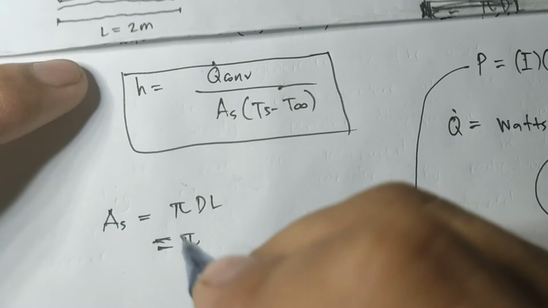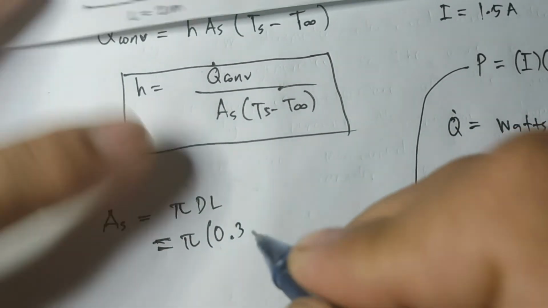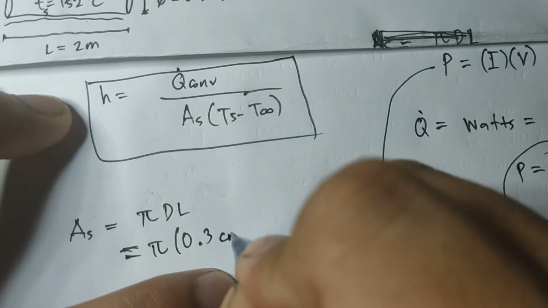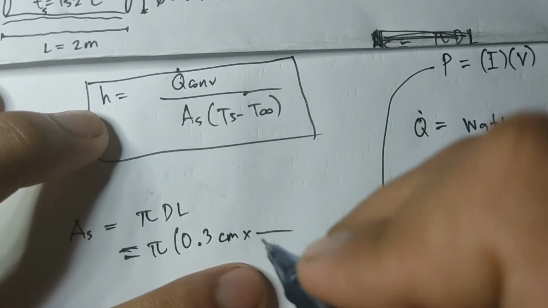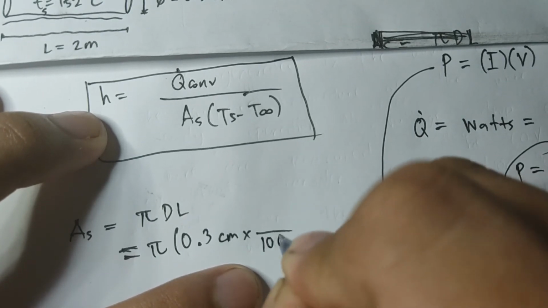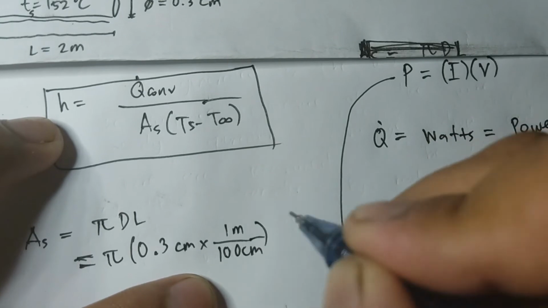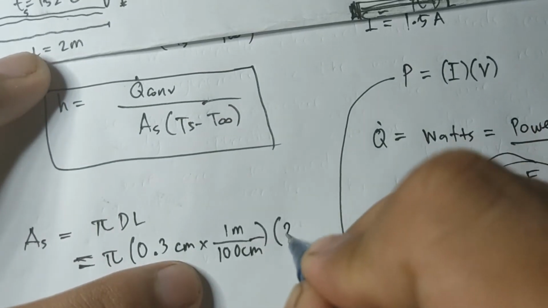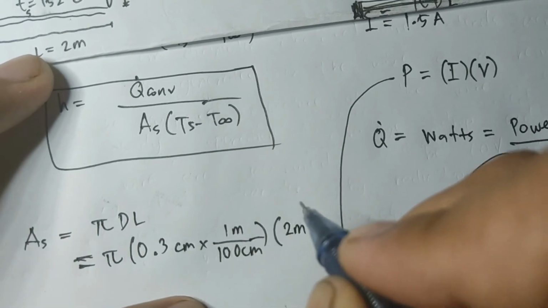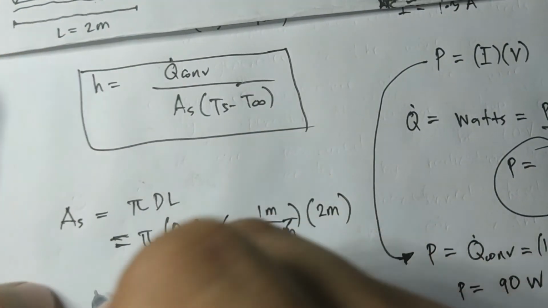Pi times D. Diameter na binigay, 0.3 cm. Naka-centimeter siya. So, convert natin. 1 meter is equals to 100 cm. Kaya, kailangan magkamap tayo sa meters. Length na binigay, 2 meters. Cancel out. Centimeter.